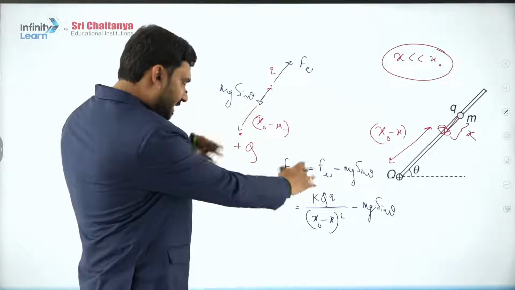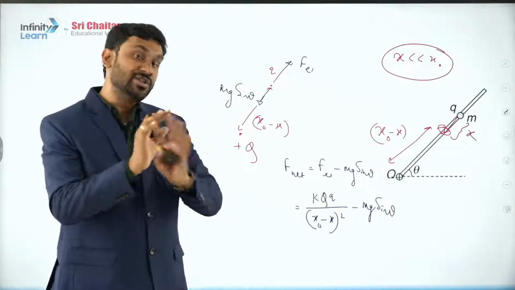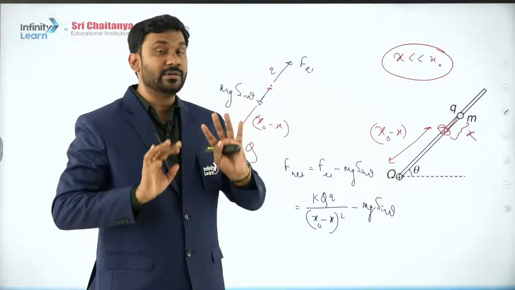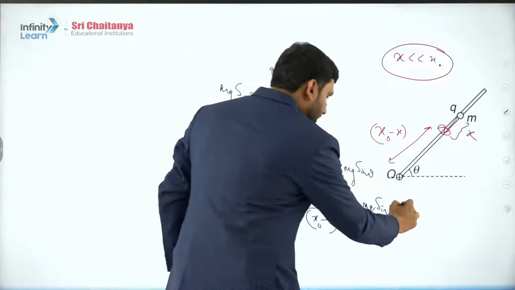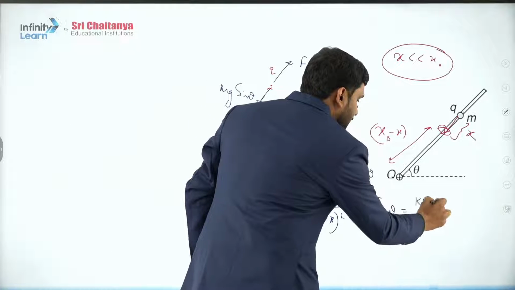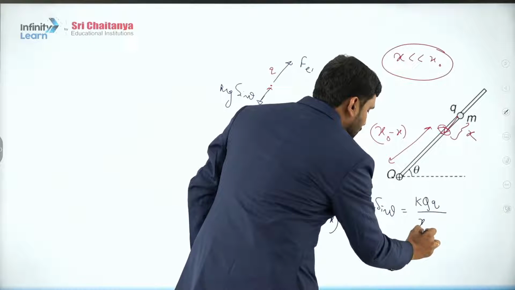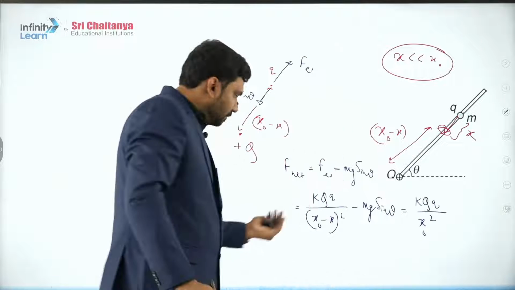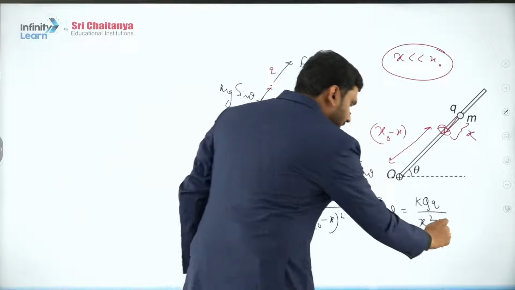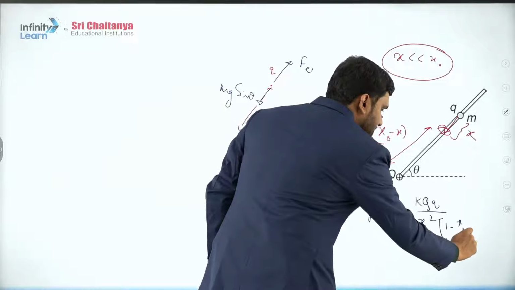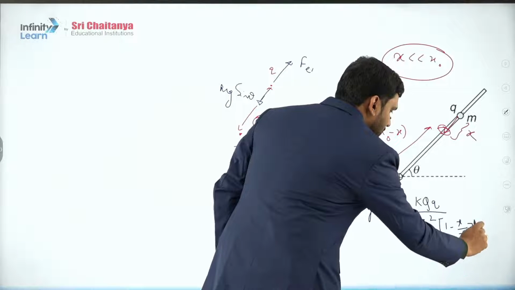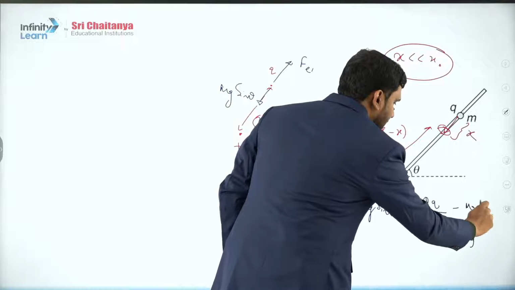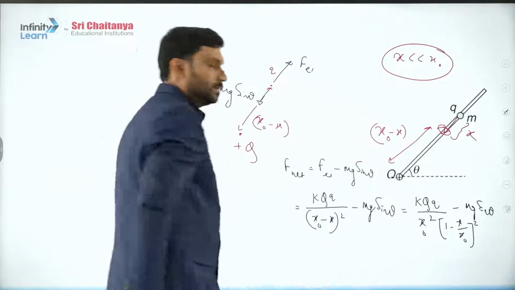So I will first redesign this term so that we are able to reach up to that extent, so that now we are ready to use the binomial theorem. How will we do it? Simple. K capital Q small q, let us pick x naught square out of this bracket. So what will we get? We will get 1 minus x by x naught whole square minus of mg sin theta.